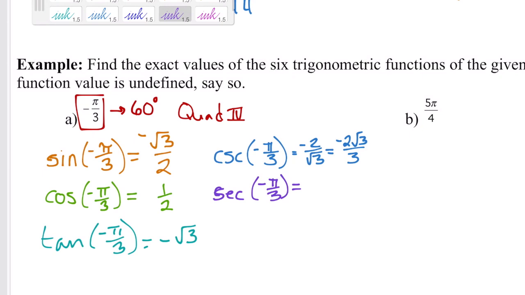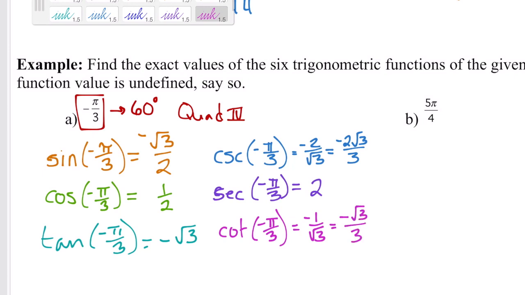So 1/2 would just be 2. And then my cotangent of negative pi over 3 would be equal to negative 1 over square root 3, which we can rationalize to negative square root 3 over 3. And we're done.